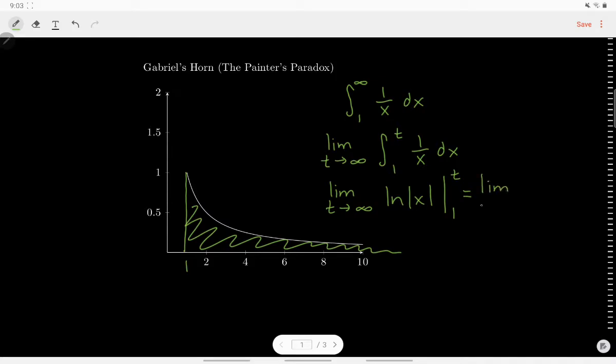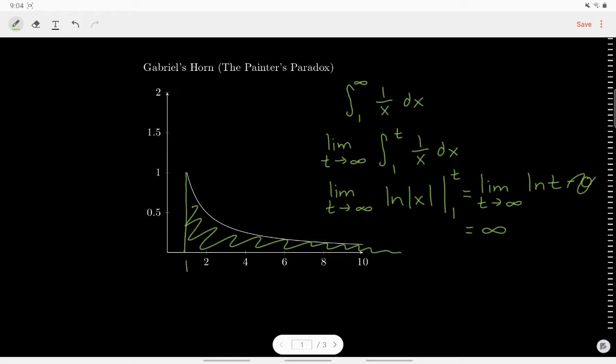So we have the limit as t goes to infinity of the natural log of t minus the natural log of 1, which is just 0. So we can actually ignore that. But as t goes to infinity, the natural log function does go to infinity. So we say this improper integral diverges. If we'd gotten a number, it would converge to whatever that number is.